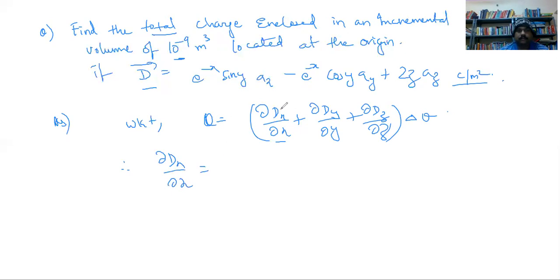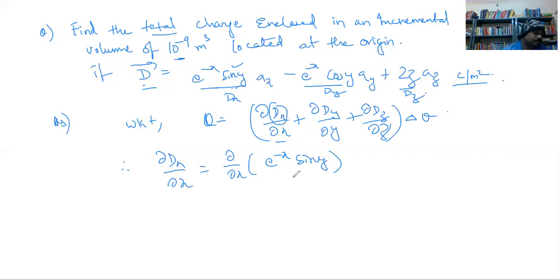Dou dx means the magnitude of the component; the x component of the flux density D is nothing but dx. So this is dx, this is dy, this is dz. So what is dx in this whole thing? Dou by dou x of e raised to minus x sin y. So what are you going to get? Minus e raised to minus x into sin y.